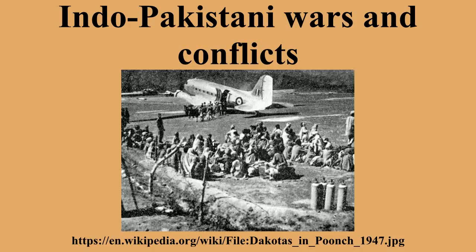The front solidified gradually along what came to be known as the Line of Control. A formal ceasefire was declared at 23:59 on the night of the 1st of January 1949. India gained control of about 2/3 of the state, whereas Pakistan gained roughly 1/3 of Kashmir.